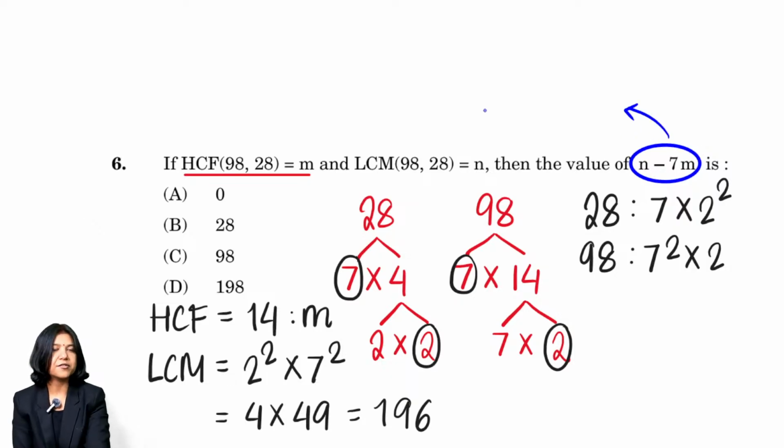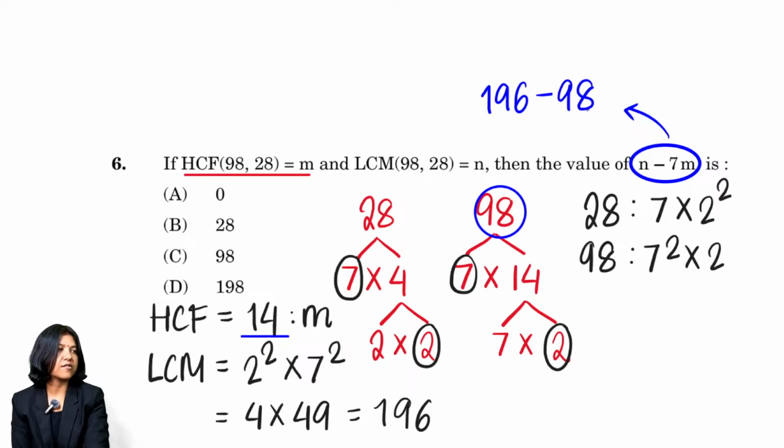They are asking me to find the value of N minus 7M, which is just plugging in the values. N is 196 minus 7 times the HCF, which is 14. 7 times 14, we already know, is 98. So I'll plug in here.